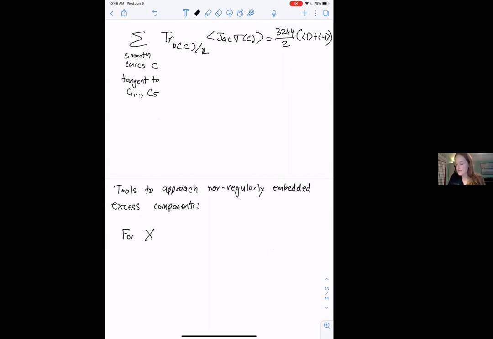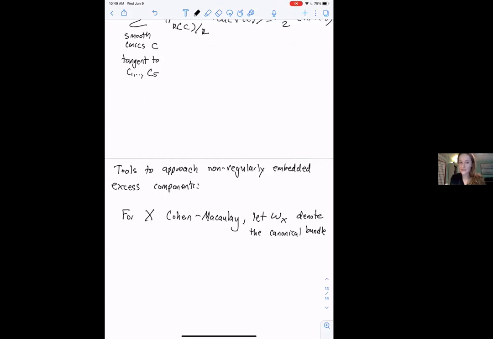So a scheme is Cohen-Macaulay if its local rings are Cohen-Macaulay, when there's a dualizing complex. For duality, like Serre duality, on coherent sheaves it is a sheaf in a single dimension. So we'll let omega of X denote that sheaf, the canonical bundle. And a complete local intersection is even Gorenstein, so its canonical bundle is a line bundle.